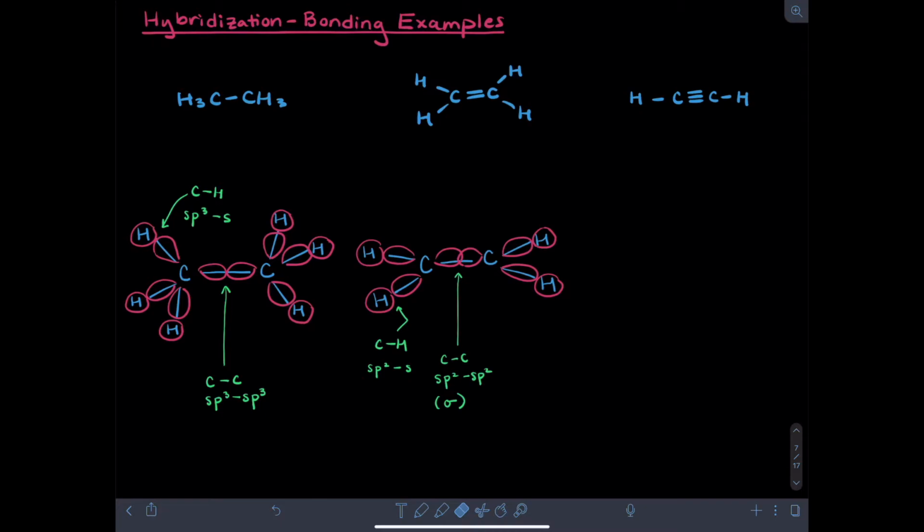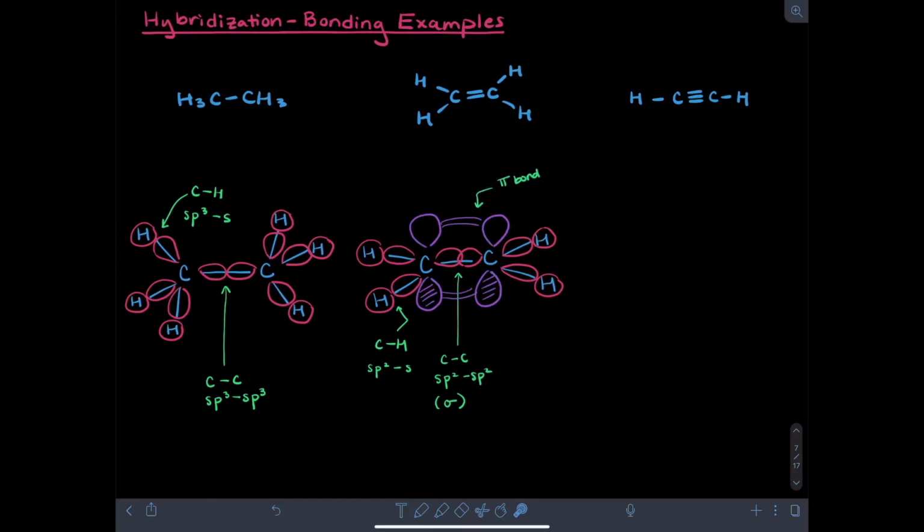For ethylene, let's look first at the sigma bonds. So the carbon is sp2 hybridized, and it's going to use its 3 sp2 hybrid orbitals to form sigma bonds. 2 of them will be to hydrogens, and one will be to form the carbon-carbon single bond.